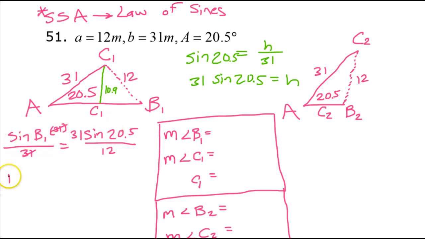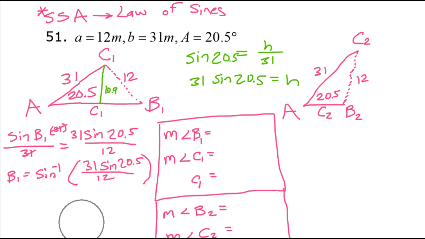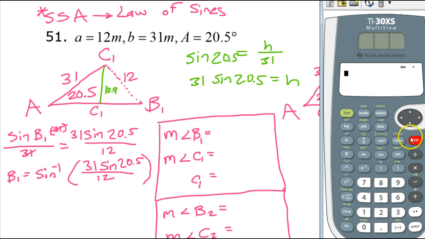If I want to find the actual angle B1, I need to do the inverse sine of 31 sine 20.5 over 12. So that's what I'll do now. The inverse sine of 31 sine 20.5, all over 12.